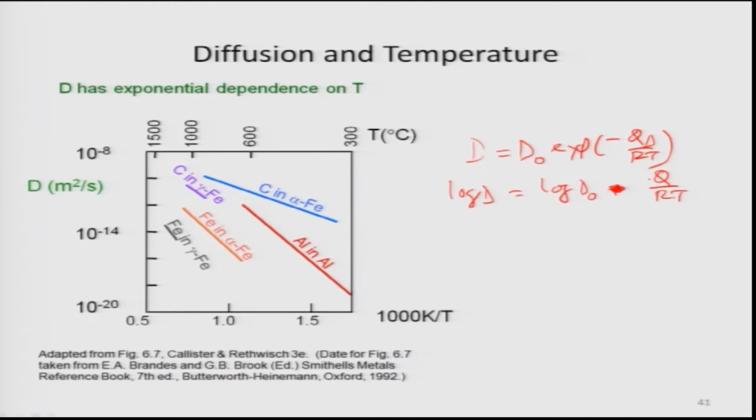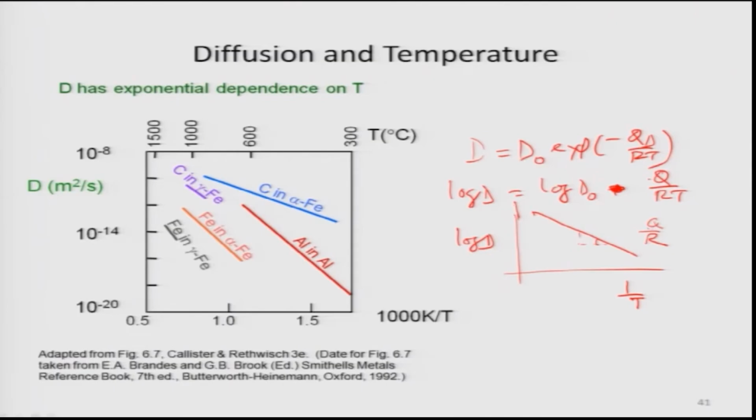So now I can make a plot of log of D versus 1 by T. What should I get? I should get a straight line with a negative slope, and the slope of this curve is basically Q by R, and the intercept is log of D0. This is the straight line equation, y is equal to mx plus c.